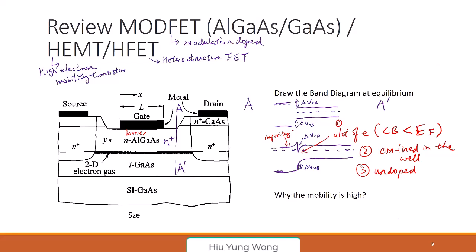Okay? So 1 plus 2 give you a two-dimensional electron gas. That's one thing. And that's why it gives you the name HFET. Okay? And 3 is undoped, so you have high mobility.